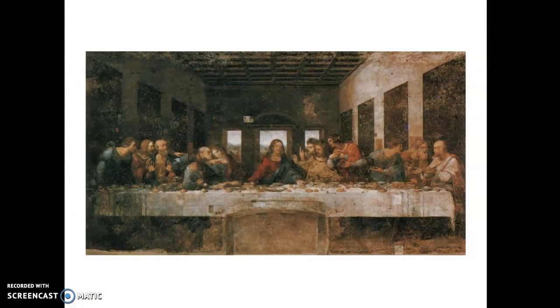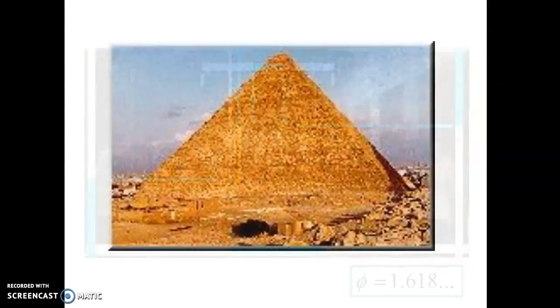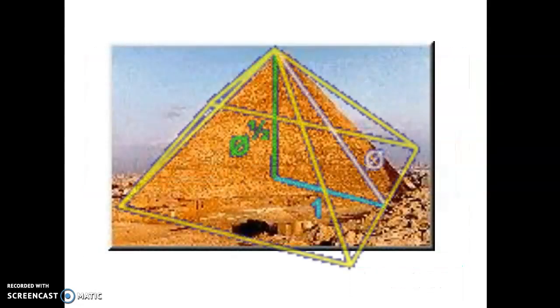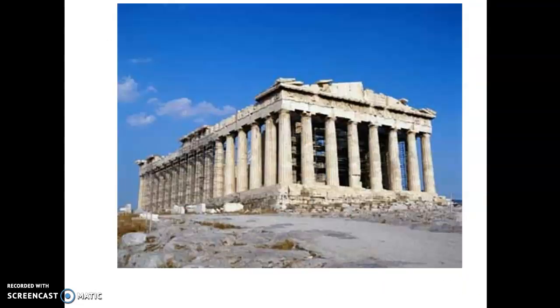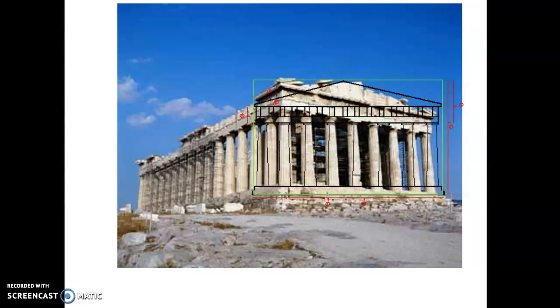This is the famous painting of the Last Supper. Right, a lot of golden ratio in this painting. The pyramids. Okay, golden ratio here. The Parthenon in Greece, right? There's a lot of dimensions with golden ratio.